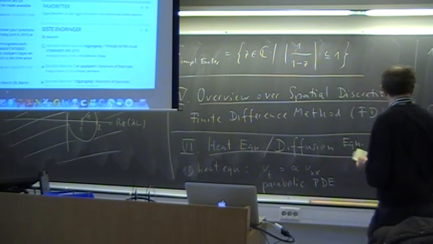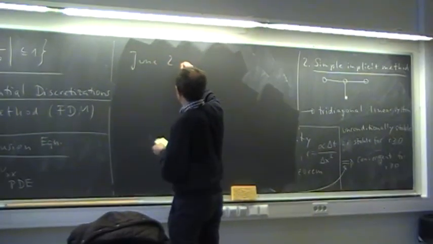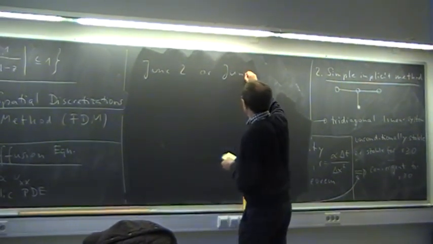So those are the options that are suitable for us. So we just write that down. Just a moment to think about it. That is June 2 or June 3.